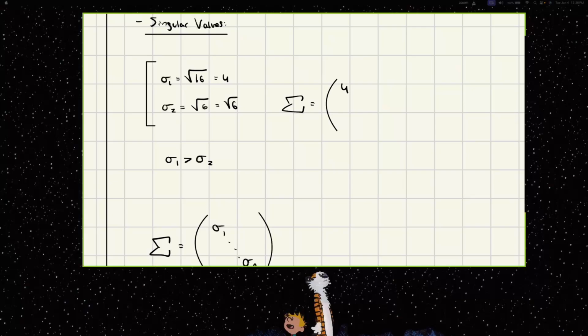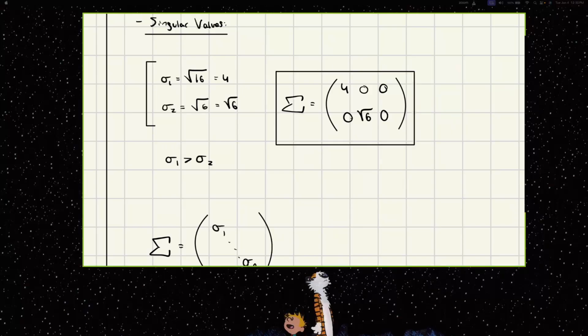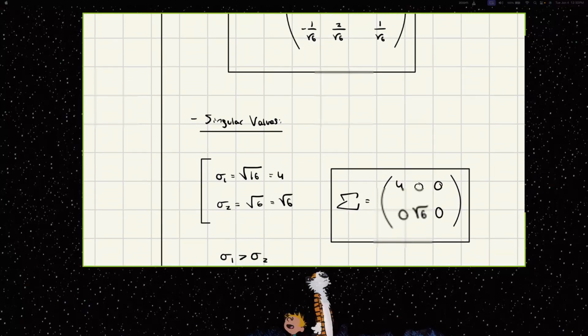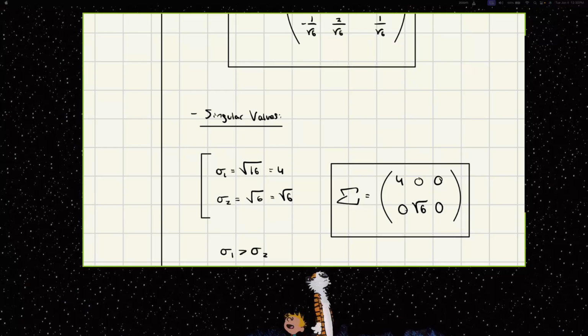So we have 4, 0, 0, 0, square root of 6, 0. Great, so this is our diagonal matrix, with only our singular value elements in the diagonal. So we found V transpose and sigma. So how do we find U?